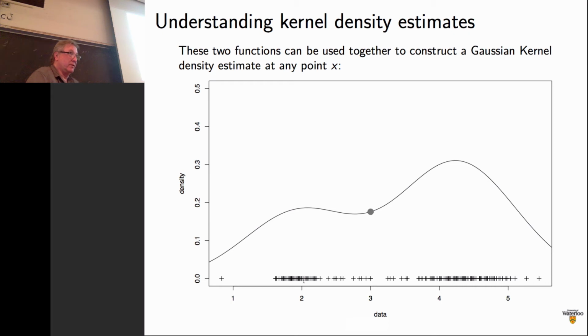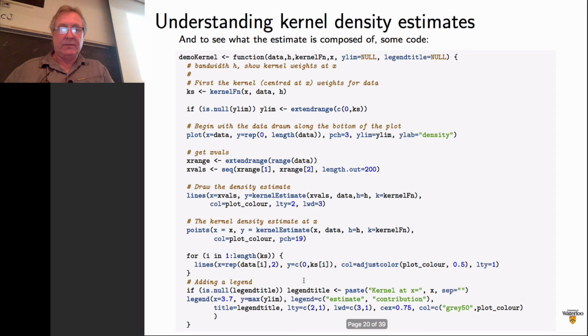So just putting together those little building blocks. And you could use any other kernel, preferably one that was simplified, and find out what the density estimate would look like. So what's going on? To give you a sense of what's actually happening, I'm going to write this function called demo kernel.